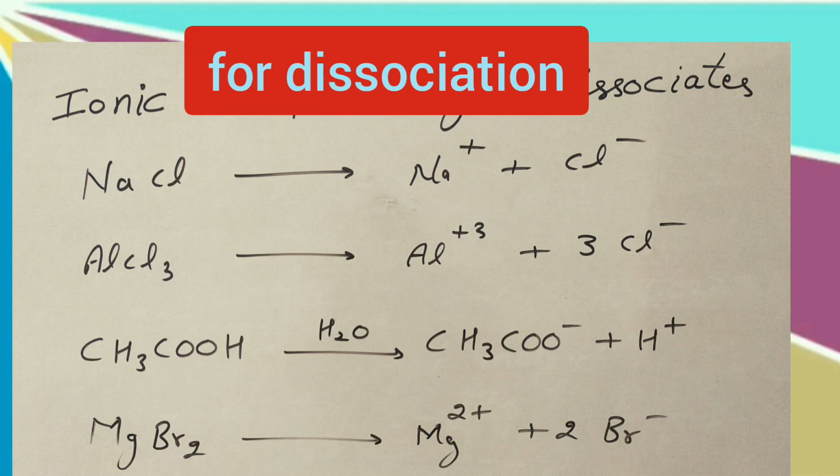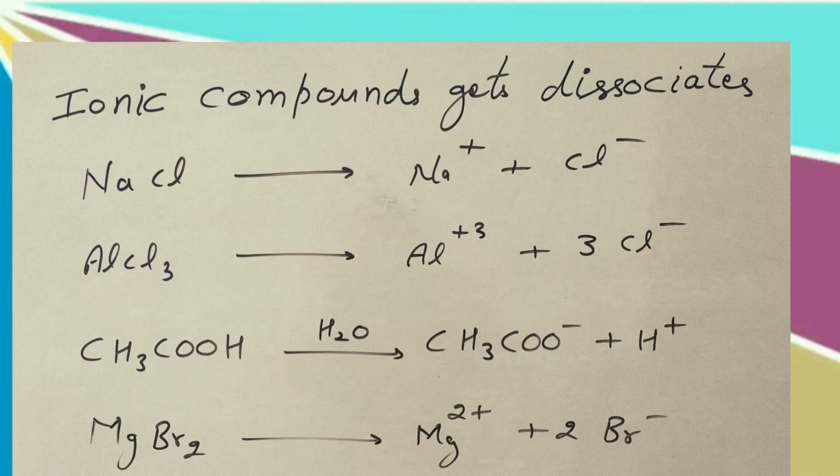The value of n can be determined in terms of dissociation, like sodium chloride, NaCl. NaCl dissociates into Na+ and Cl-: 1 sodium cation, 1 chloride anion. Total number of ions equals 2, hence n equals 2. If we take the example of aluminium chloride, it completely dissociates into Al3+, 1 cation, plus 3 Cl-, 3 anions.